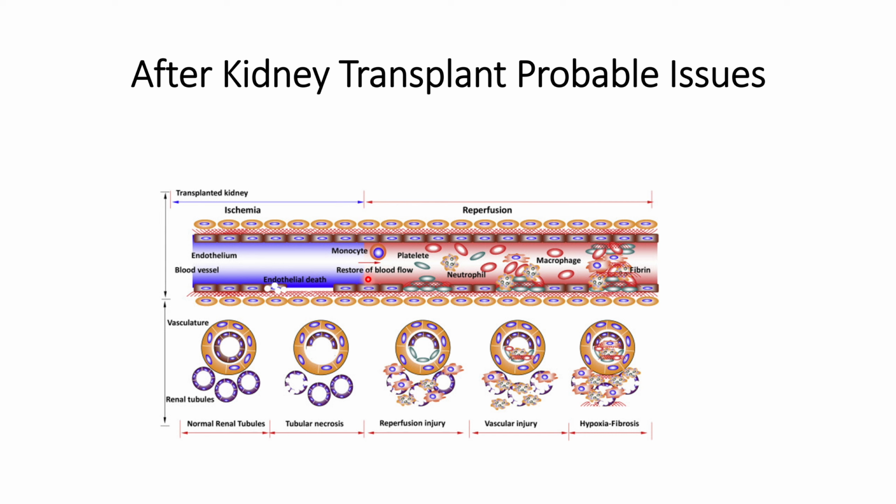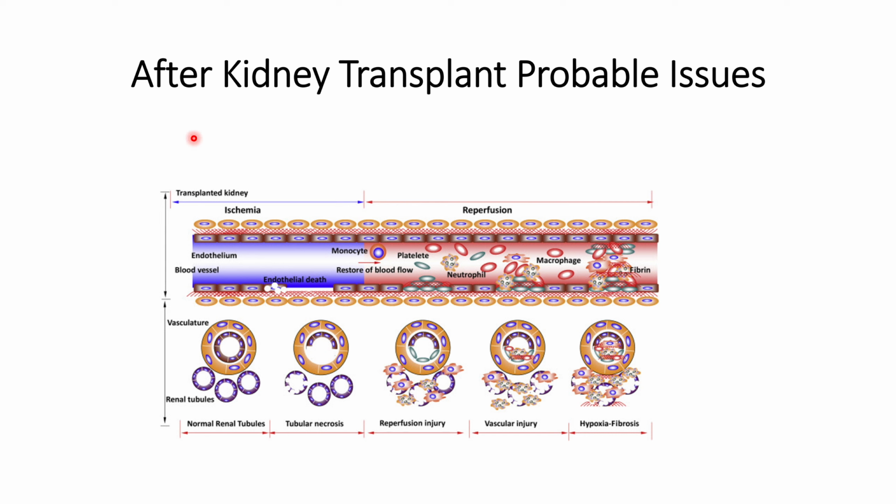When a kidney transplantation occurs, during the initial phase, or soon after transplantation, there is a phase where the organ is in ischemia, that is, it lacks the regular supply of blood.